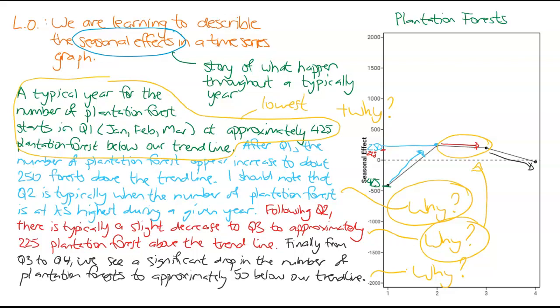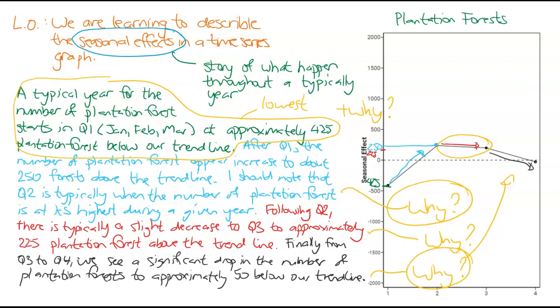You're not chopping them down, they're just growing. It also might be that it's winter, too cold to plant anything else, too wet to chop anything down, so you just leave it as it is. And then finally, there's a bit of a drop from quarter 3 to quarter 4. Maybe this is when some of these forests are culled. The weather's getting better, the soil might be firmer, maybe you can get the big machinery in and harvest some of these trees or forests for whatever reason.